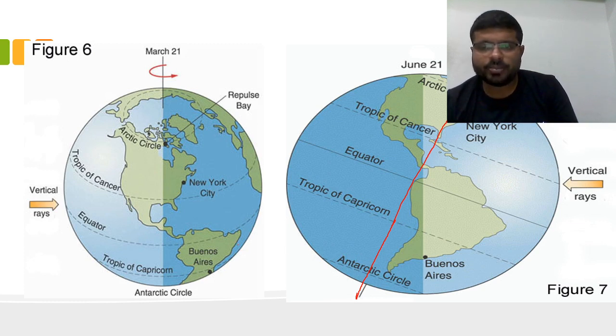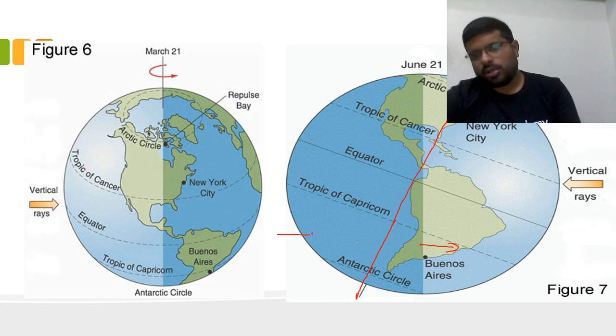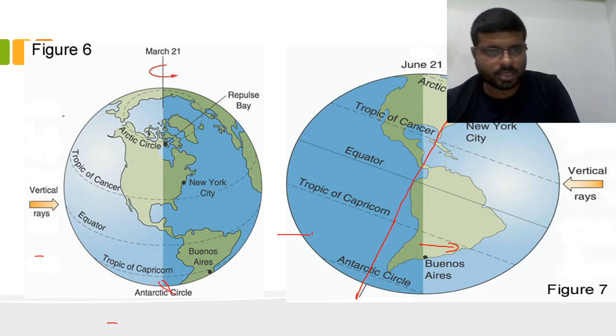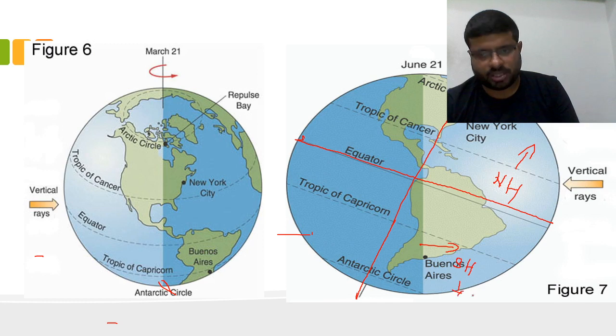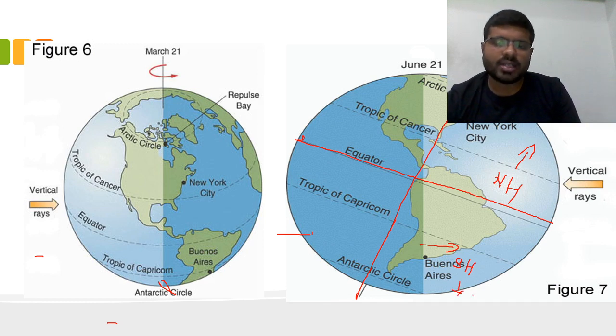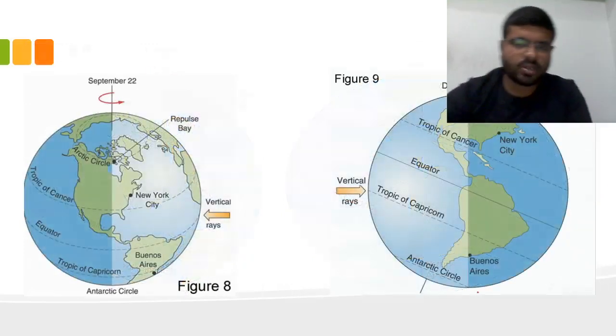This part is always facing the sun and this part is away from the sun. Here, this is the equator and this is the northern hemisphere. The northern hemisphere is facing the sun and the southern hemisphere is away from the sun, because of which you find the extreme inclination. That's the definition I have given.